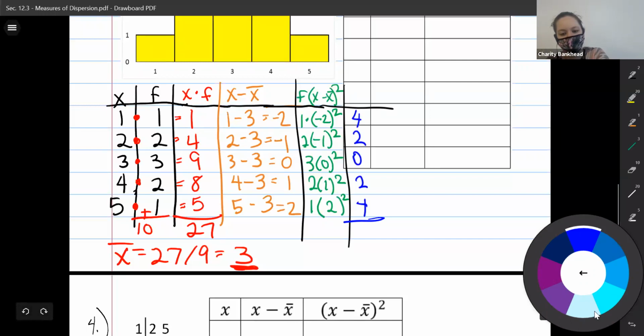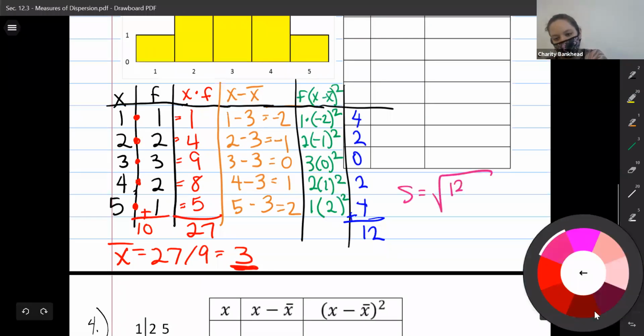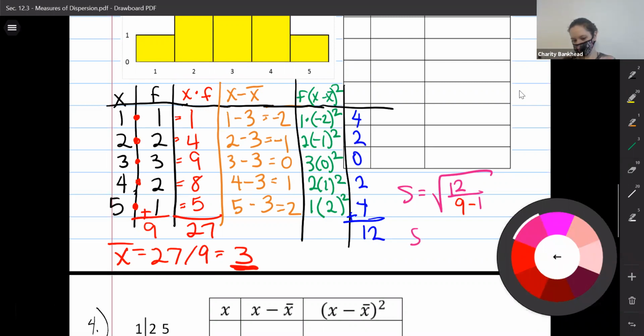And then we can add these up. So that's going to be 12. So our standard deviation equals the square root of 12 over, in this case, n is 9. So 9 minus 1. So the square root of 12 over 8.